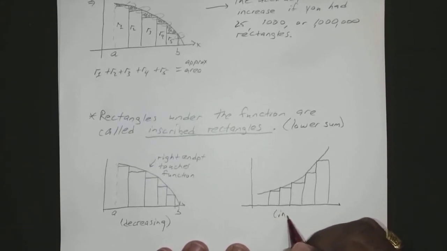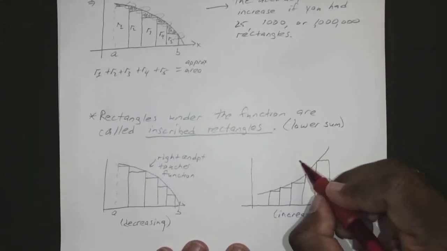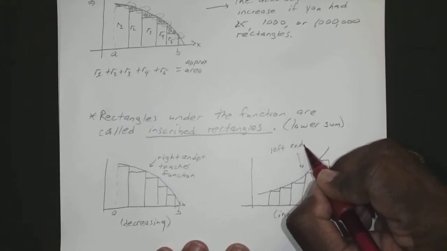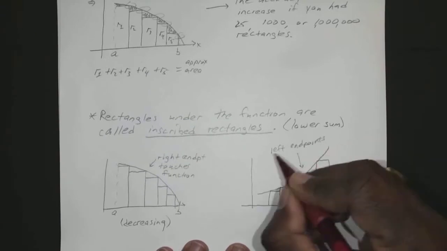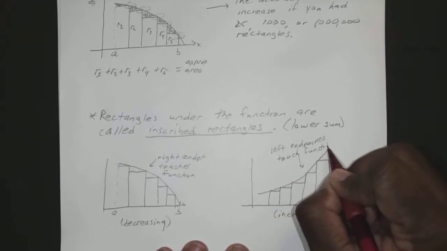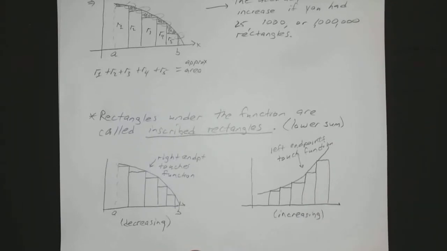Okay, so if it's increasing, the left endpoints touch the function. Okay, it's a really minor detail, but it actually has a very big role in what we're going to do a little later.